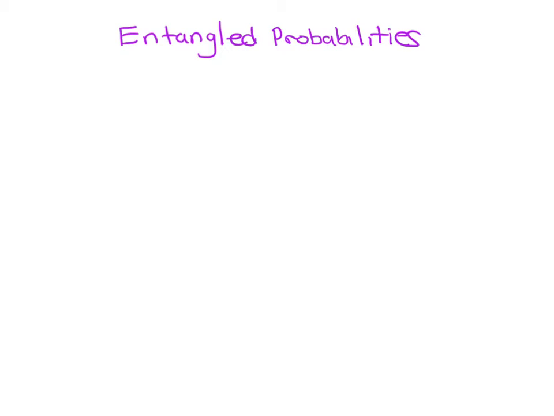I'm going to describe entanglement with a purely classical story to give you the essence of what entanglement is. So imagine that there are two people, Alice and Bob, and they have kitchens. So let's start off with an example.